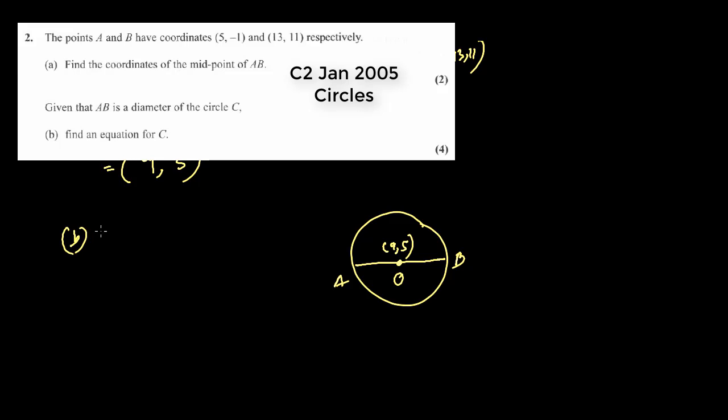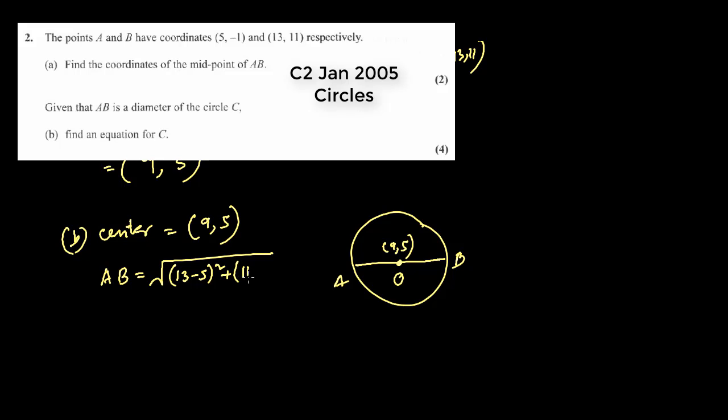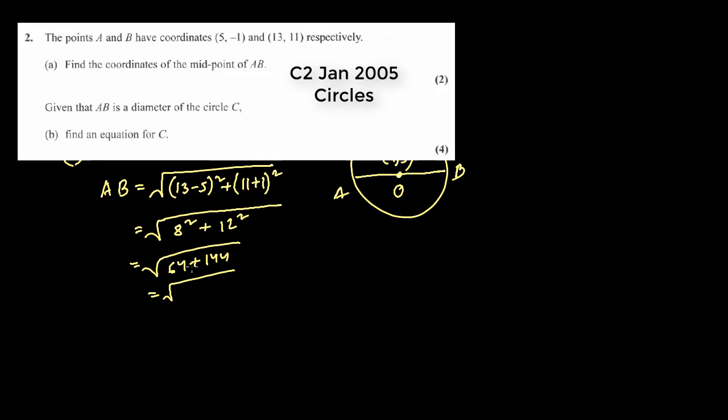So just by that information we know that the center of the circle is (9, 6), and we know the length of the line AB, using the length of the line formula: the square root of (13 minus 5) whole squared, plus (11 minus 1) whole squared. 13 minus 5 is 8 squared, and 11 plus 1 is 12 squared, so 8 squared is 64, 12 squared is 144, and it would be the square root of 208.